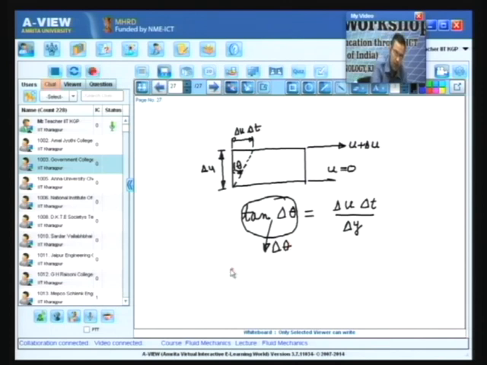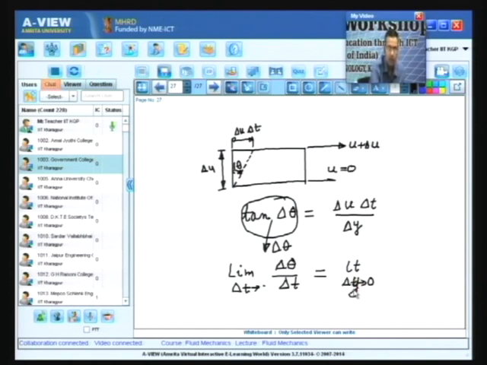So, if you take the limit as delta t tends to 0, delta theta divided by delta t is equal to the limit as delta t tends to 0, or delta y tends to 0 for the right hand side.